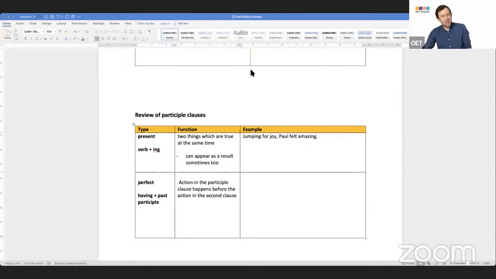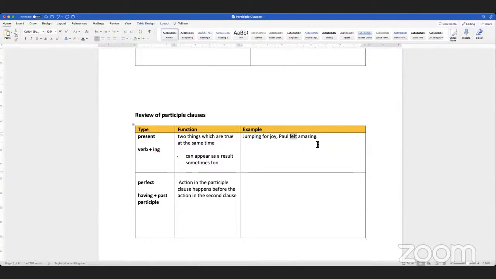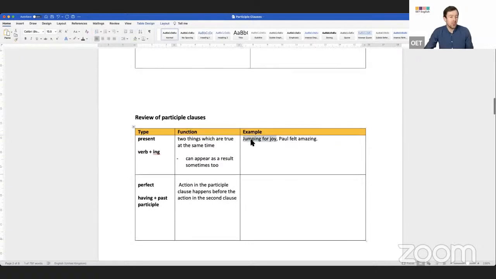But in this case, we've used jumping. Well, how can you tell what the tense is with jumping? Well, you tell what the tense is by using the tense here. What tense is felt? Past. So that tells me that jumping for joy is also in the past.